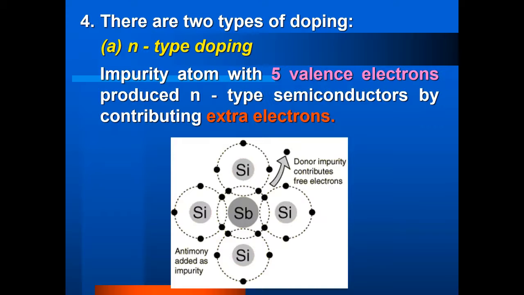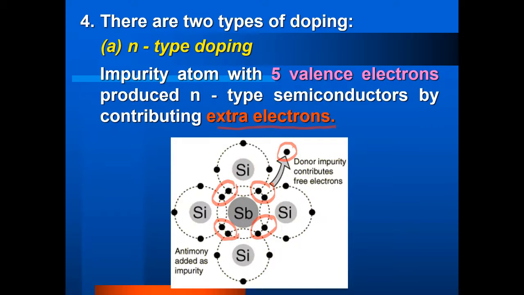As shown in the diagram, four of the electrons form the covalent bond. The impurity we add here is antimony. So here is the free electron, the extra electron.